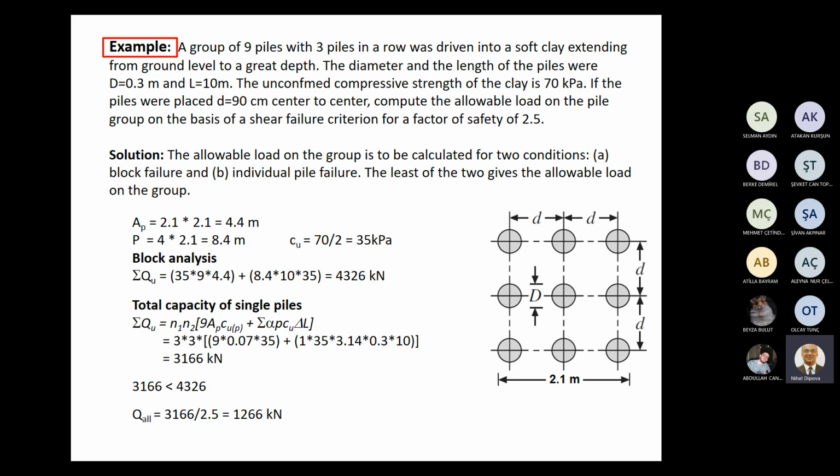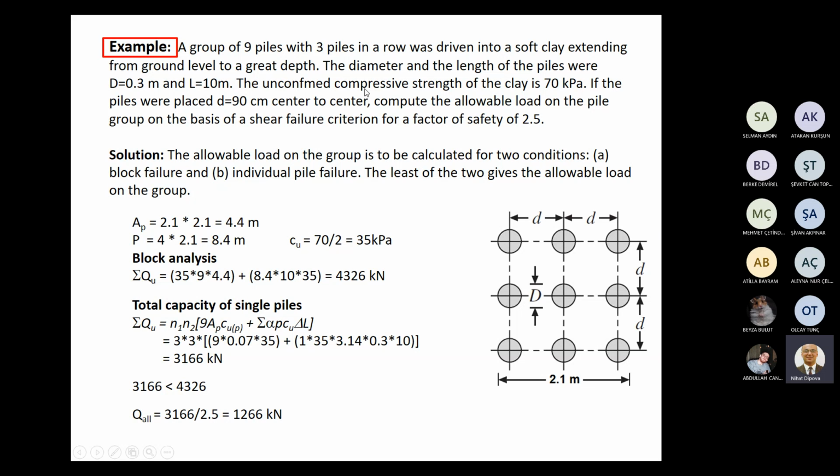Let us solve an example question. This is not from the textbook, it's from a different source. A group of 9 piles, as shown in this figure, 3 piles in a row, was driven into soft clay, extending from ground level. The diameter and the length of the piles are given as 0.3 and 10 meters respectively.